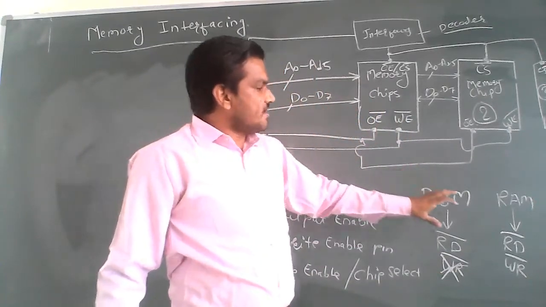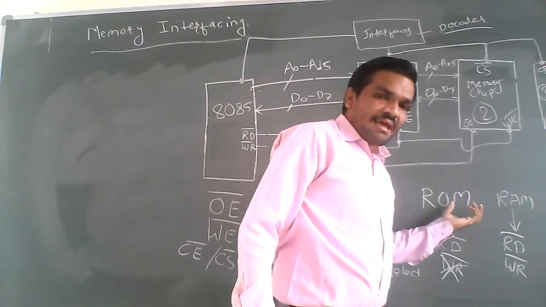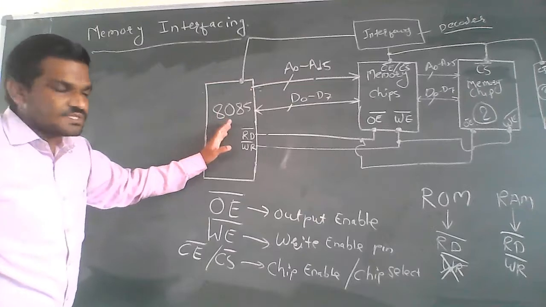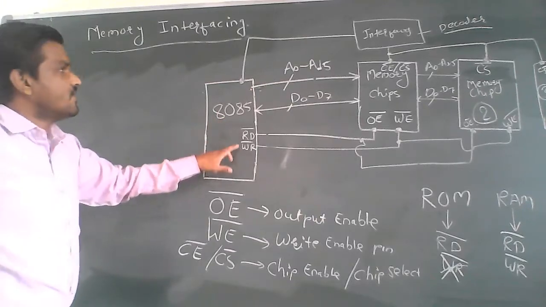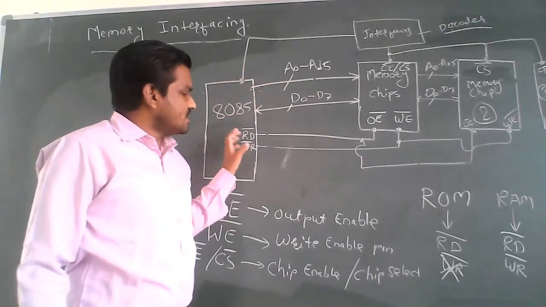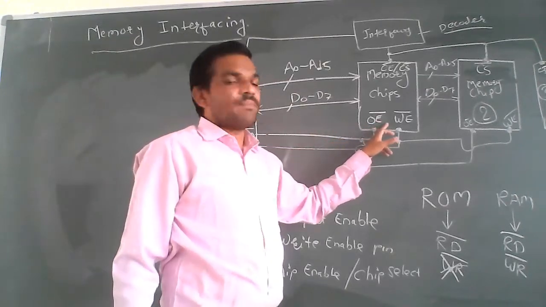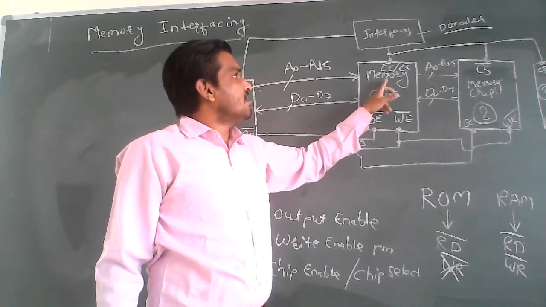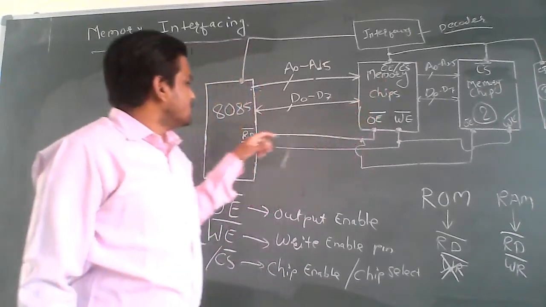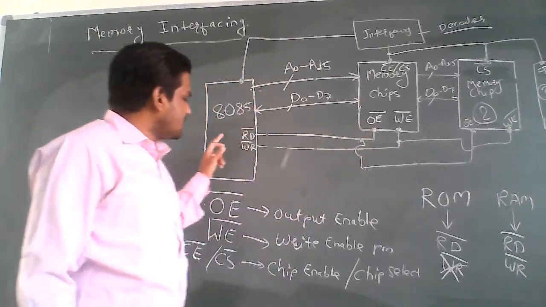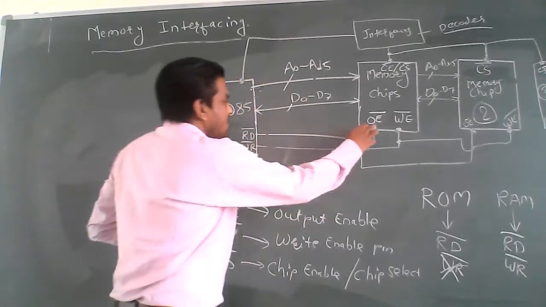So we can interface RAM and ROM to the microprocessor. We have control signals RD bar and WR bar, which we have to connect to the appropriate pins on our memories. RD bar is connected with the output enable bar.